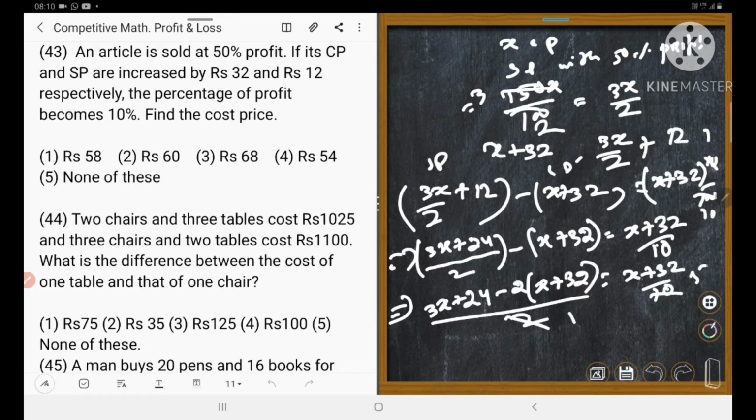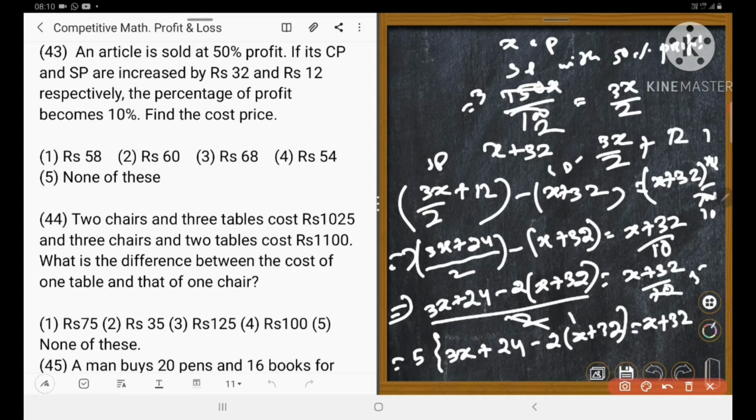Implies that 5 into 3x plus 24 minus 2 into x plus 32 is equal to x plus 32. Right? Now let's do it.